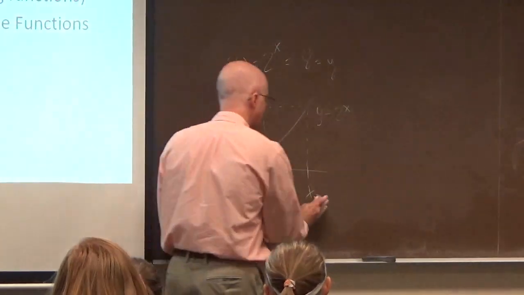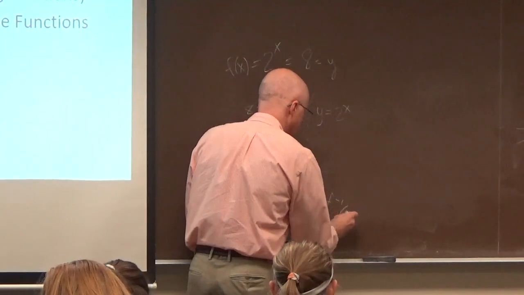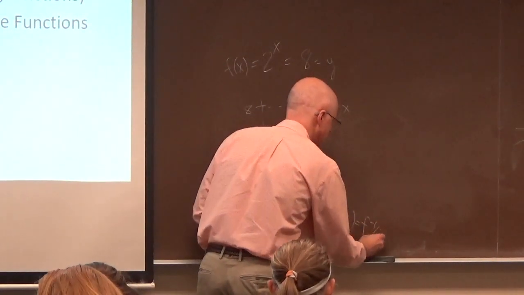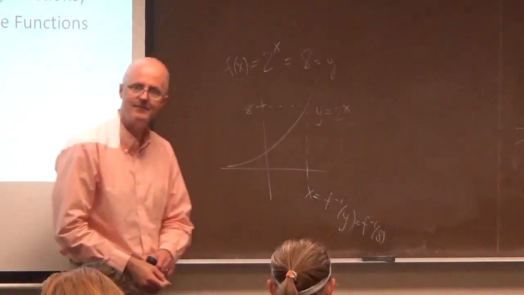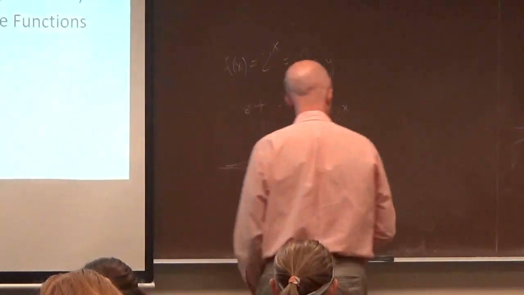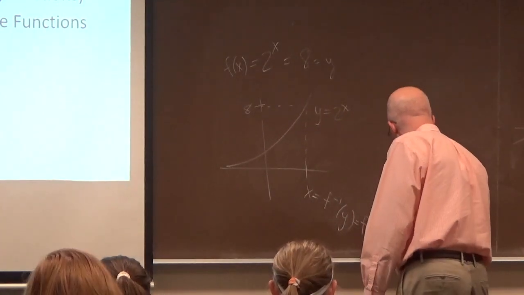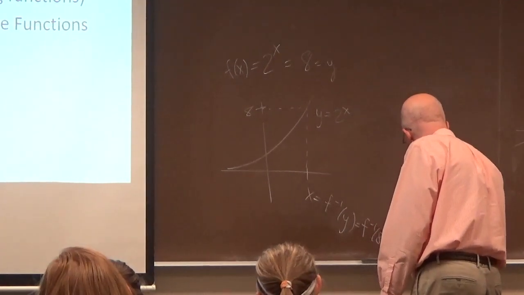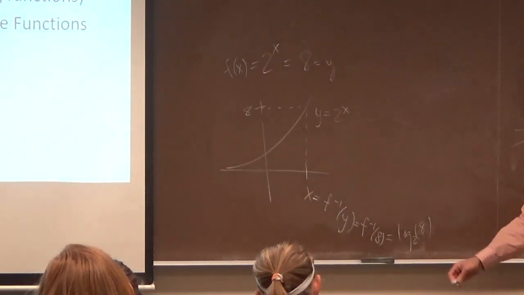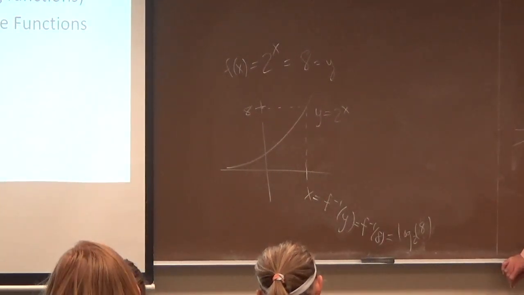We call that value of x f inverse of y, f inverse of 8 in this case. It definitely exists. Moreover, in the context of this situation, we call it log base 2 of 8. This logarithm idea is just an inverse function.